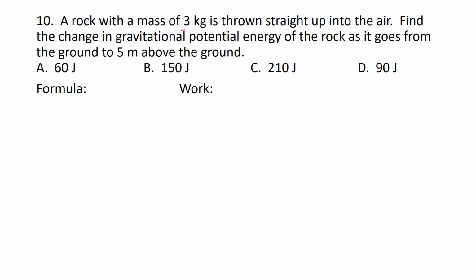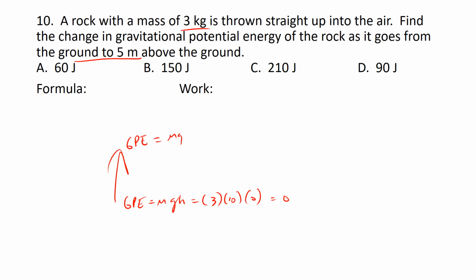A rock with a mass of 3 kilograms is thrown straight up in the air. Find the change in gravitational potential energy of the rock as it goes from the ground to 5 meters above the ground. So right here, GPE would have been mass times gravity times height. That would have been 3 times 10 times 0, so that's going to be 0. And then as you get to the top, GPE equals mass times gravity times height.